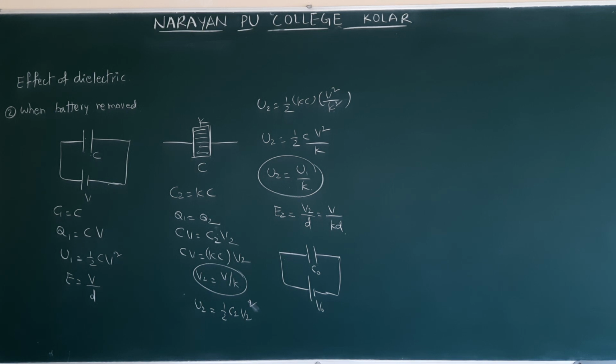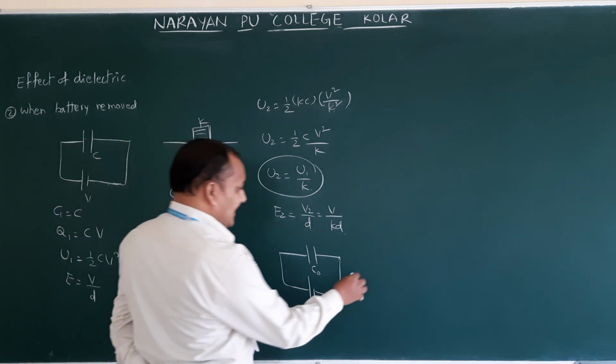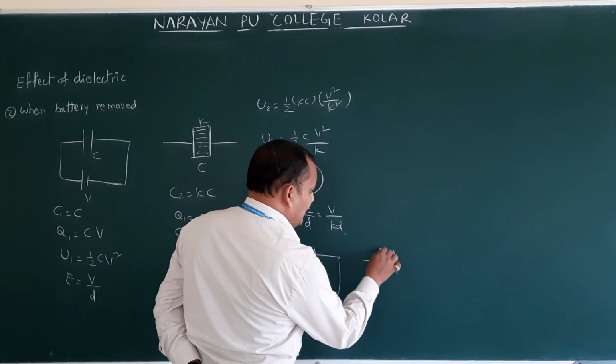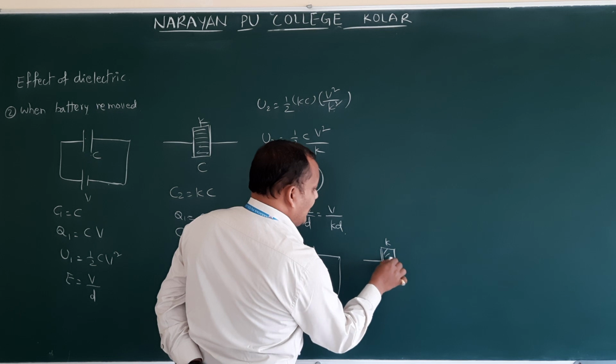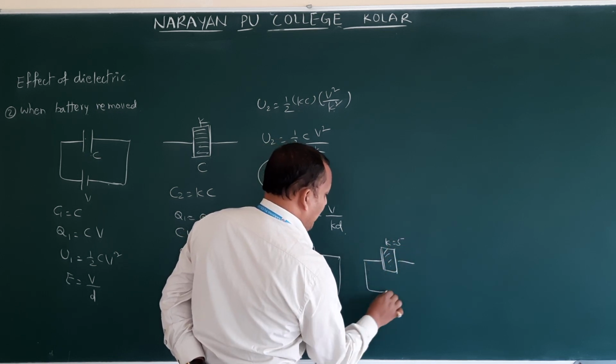Find the extra charge flowing into the power supply and the work done by the supply. Also find the change in the energy stored in the capacitor and the heat produced in the connecting wire. Here you should find the extra charge and the work done by the supply. Yesterday I gave the work done by the supply formula for you. Now the battery is still connected, and they introduced a dielectric with K value 5.